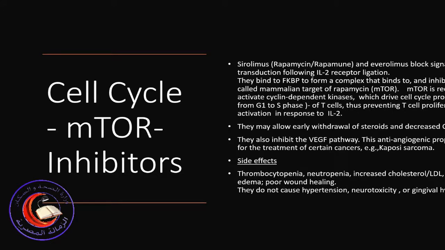How do they do that? They bind to FK binding protein, remember, not calcineurin, to form a complex. Again, it's like calcineurin inhibitors, but calcineurin inhibitors bind to a protein other than FK binding protein to form a complex that binds to and inhibits calcineurin.